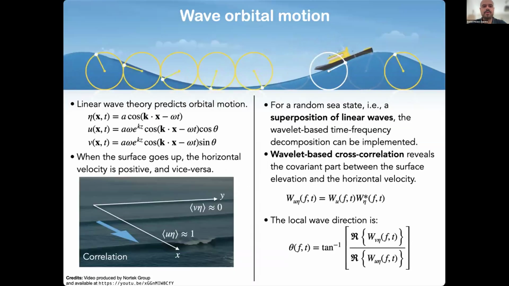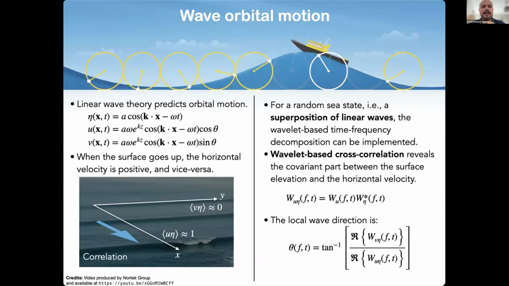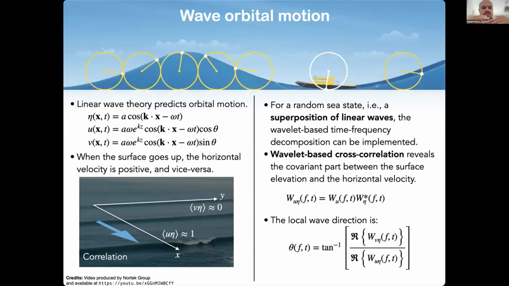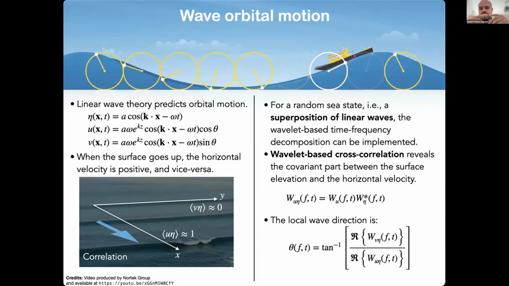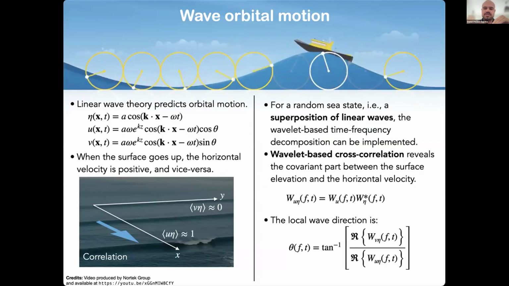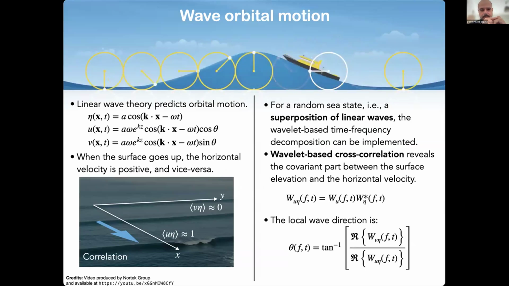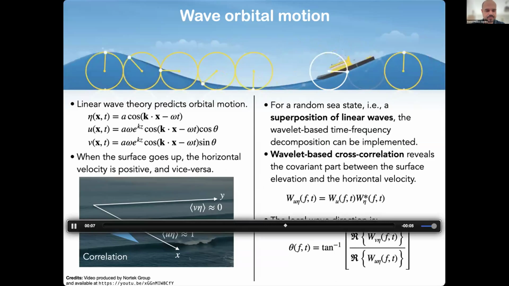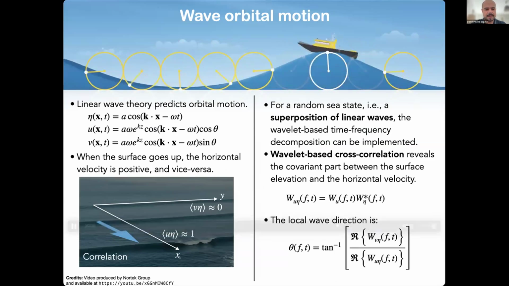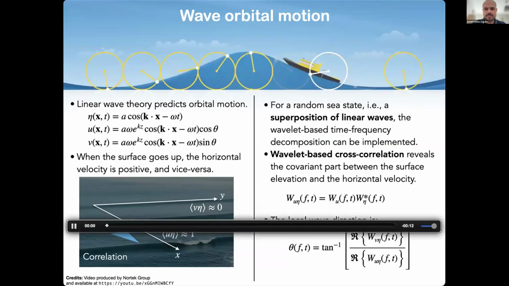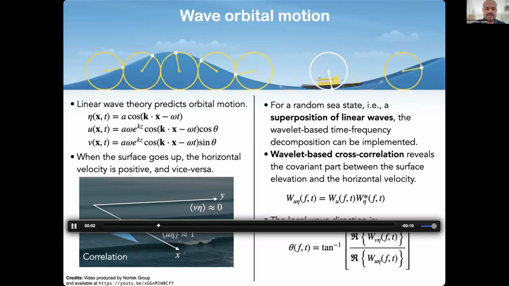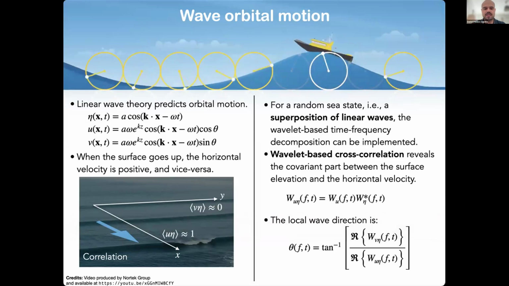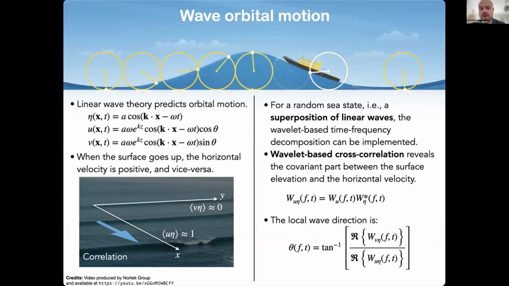Okay, so I will try to explain briefly how it works. We use the fact that linear theory predicts the orbital motion. So we know that the surface elevation is in phase with the velocity. So in a case like this one, if all the waves are traveling towards the x-axis, the correlation between the u velocity and the surface elevation will be near 1.